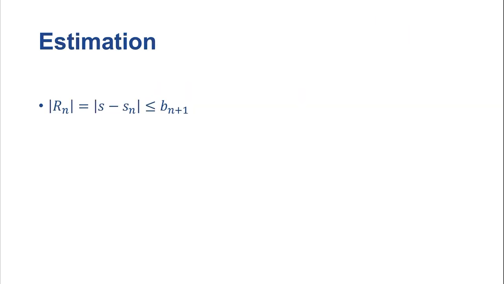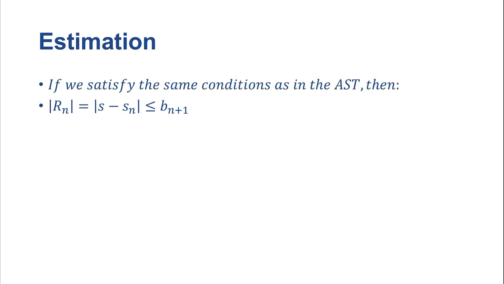All right, so we also have estimation theorems for our alternating series. Let's say that we satisfy the same conditions as in the alternating series test, so that b sub n plus 1 is less than or equal to b sub n, and the limit as n approaches infinity of b sub n equals 0.